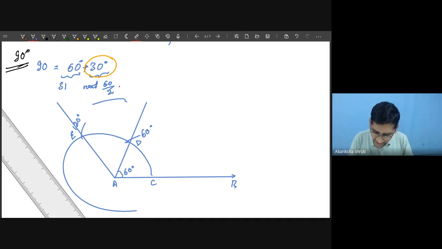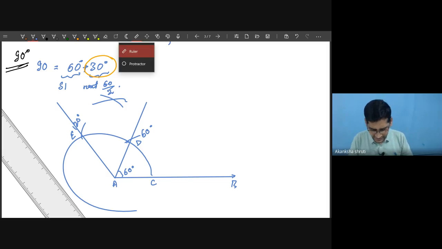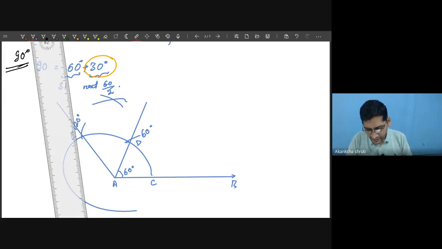Let me take it like this, and from E the arc is like this. Now you have to join this. Consider these two are cutting at point P. This point P, you have to now join.